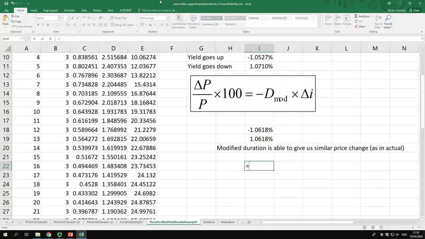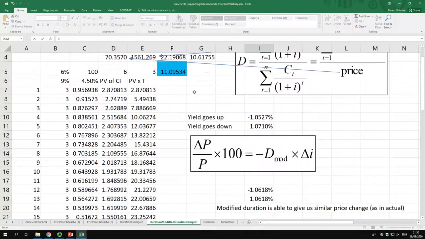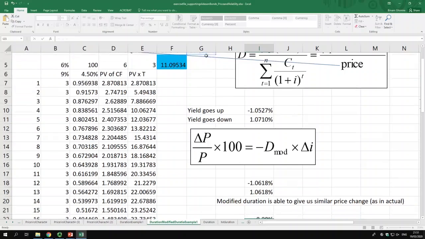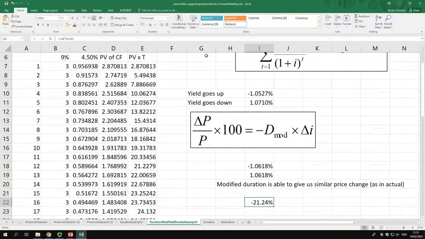Okay, so the modified duration is this, so equal minus 10.61, this number here, and then times your plus, not 2, isn't it? That's 200 basis points. So then you get minus 21.24. Minus 21.24 is what you get here.